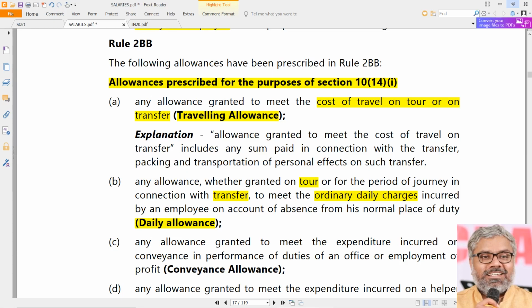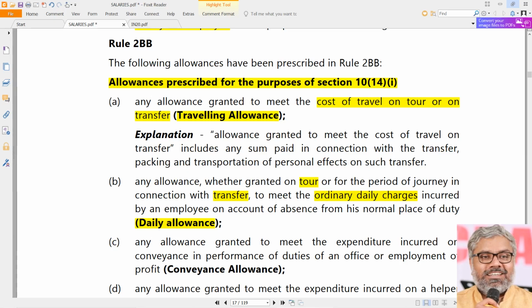In order to meet such expenses, daily allowance will be given. Or officially, if the employee is on travel related to a tour, that is official tour. Let us say an auditor goes from one city to another city. And we are talking about an employee auditor, not a practicing auditor. Internal auditor of a company, originally headquartered in Mumbai, goes for an internal audit in Kolkata. That is a tour. That's an official tour.